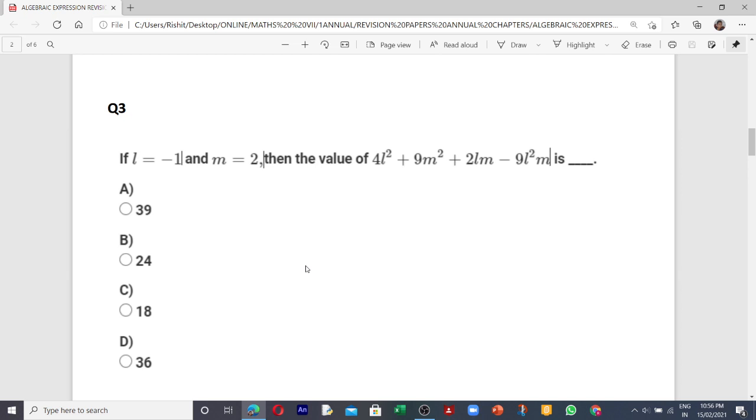Come on. L is equal to minus 1. Ignore the vertical bars, children. It's minus 1 only. L is equal to minus 1 and M is equal to 2. So the answer is A 39, B 24, C 18 or D 36. What will be the answer?